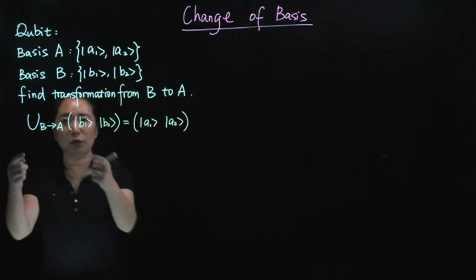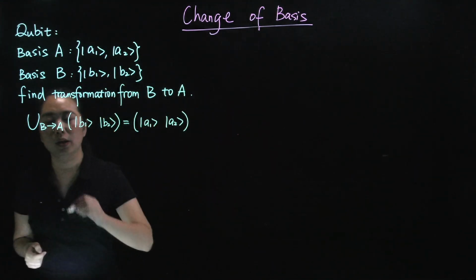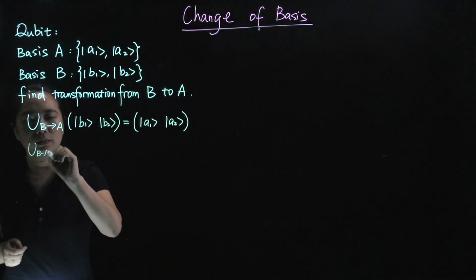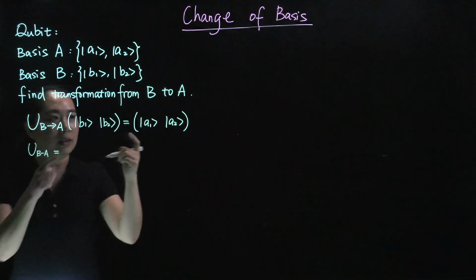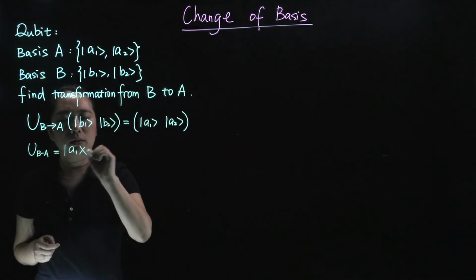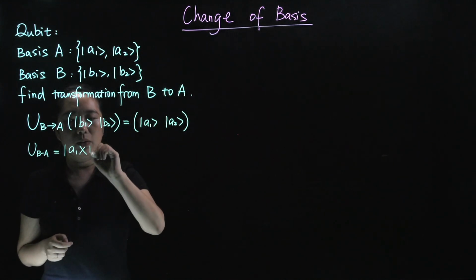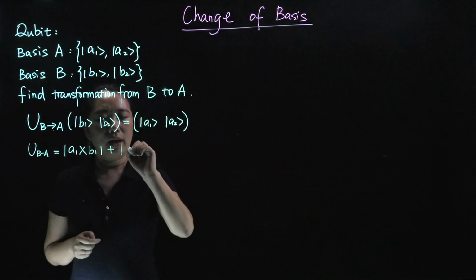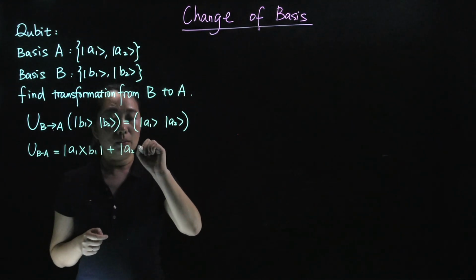So the general form of this operator should be U B to A. That is ket A1 times bra B1 plus ket A2 times bra B2.